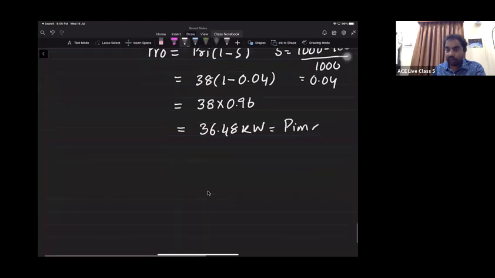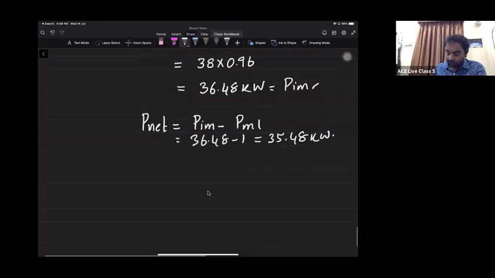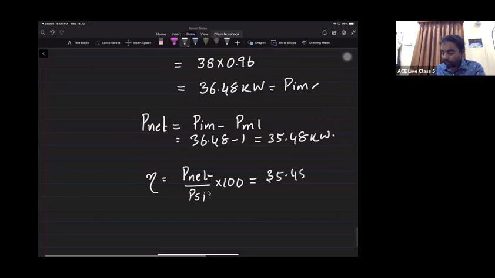Then I need to calculate P net. What is the formula for P net? P net is equal to internal mechanical power minus mechanical losses. So 36.48 minus 1 is 35.48 kilowatts, correct? Then efficiency of the motor is equal to P net by P input into 100. So that is 35.48 by 40 into 100.